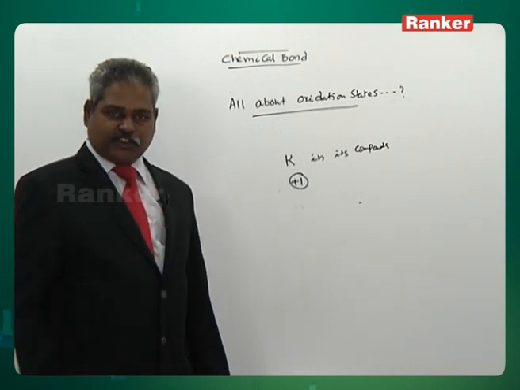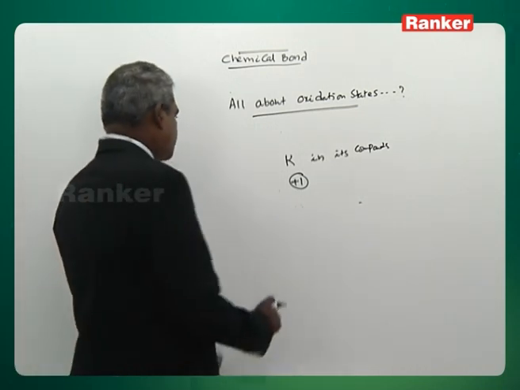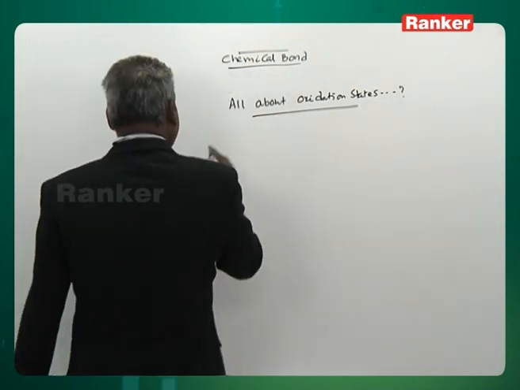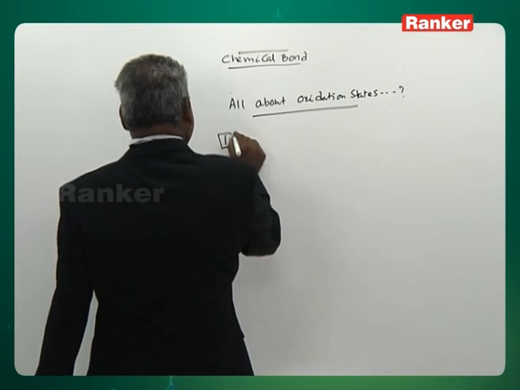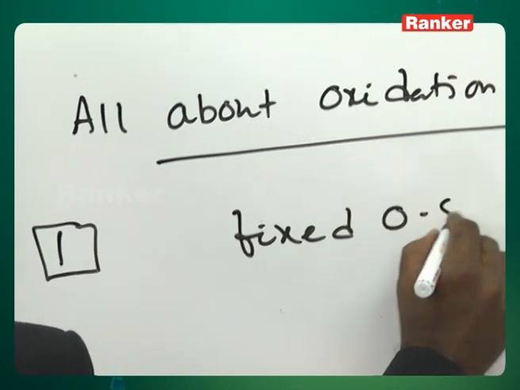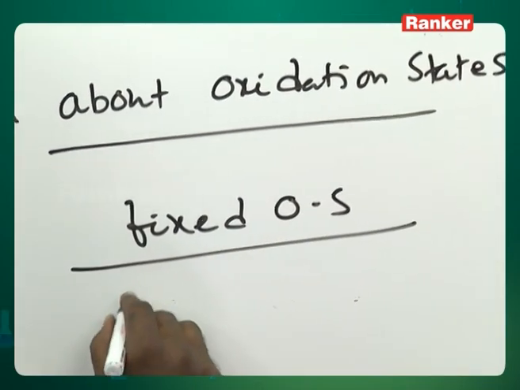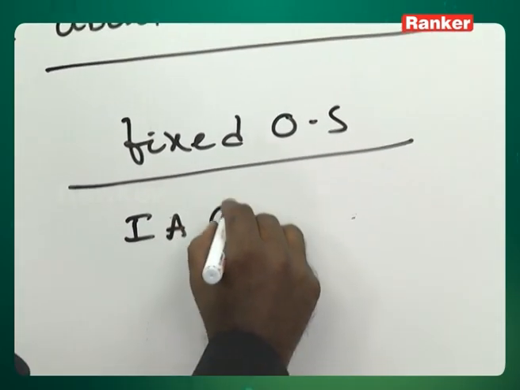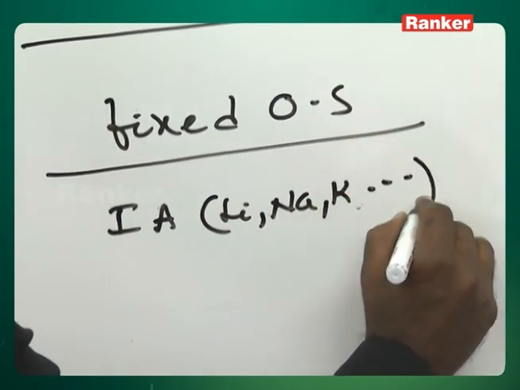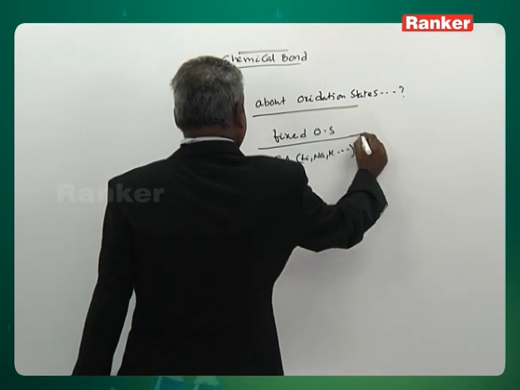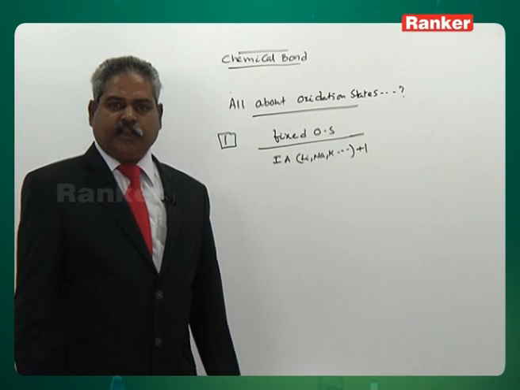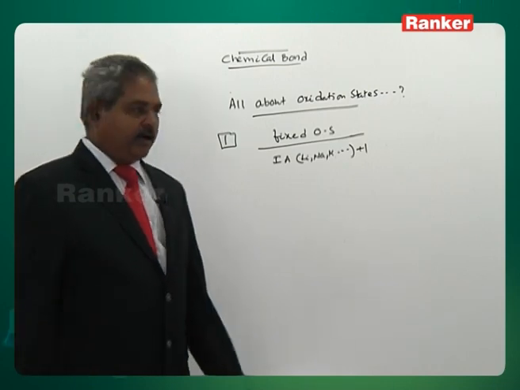So let us first draw the rules. Which elements have fixed oxidation states? 1A, elements of 1A, lithium, sodium, potassium, etc. Their oxidation state in all compounds is always +1, fixed, they will never vary.